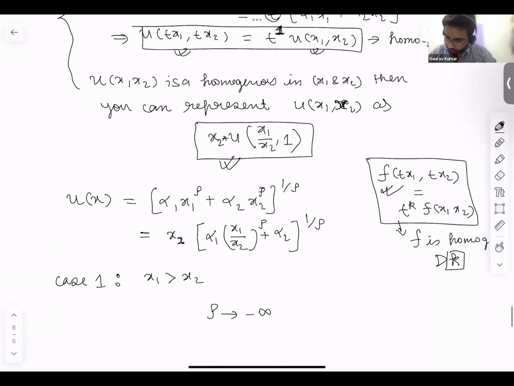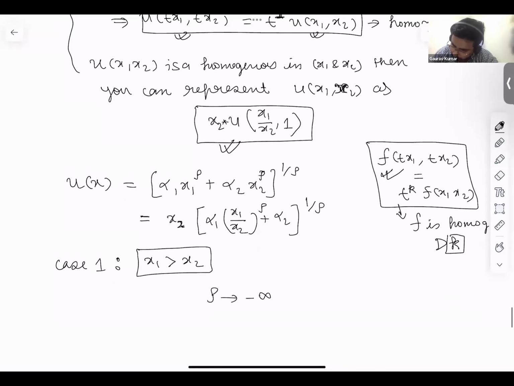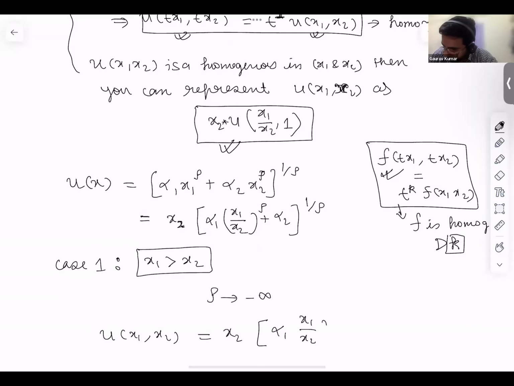Okay, so yeah, see, I'm assuming a case here. Let's assume x1 is greater than x2. Okay, so what will happen is u of x1 comma x2 is equal to x2 times [alpha 1 (x1 by x2) to the power rho plus alpha 2] to the power 1 by rho.